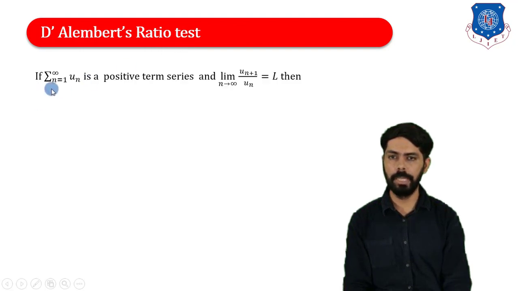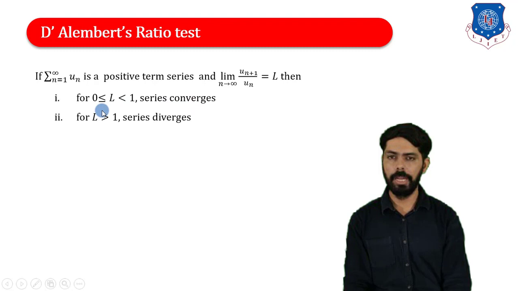So if sigma n equal to 1 to infinite, un is a positive term series and limit n tends to infinite, un plus 1 divided by un is equal to capital L, then for 0 less or equal to capital L less than 1 series converges, and for capital L greater than 1 series diverges, and for L equal to 1 the test fails.